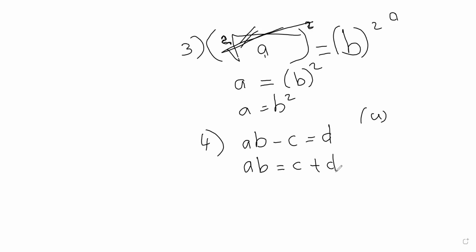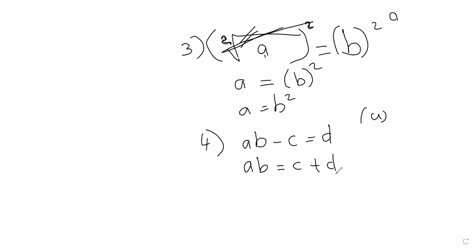Yes. All right. So after that, how do you think we can get to have A this side? How can you make A the subject of the formula when we're at this stage? Okay.